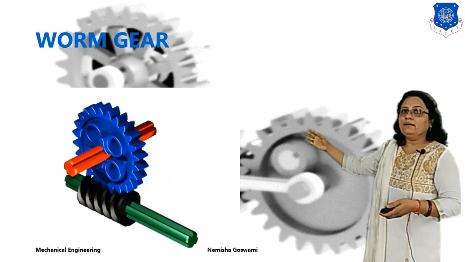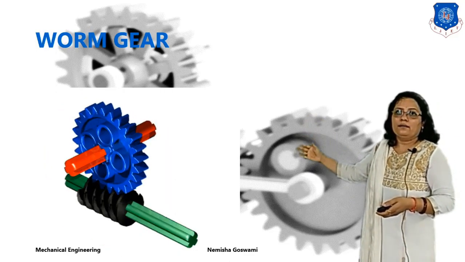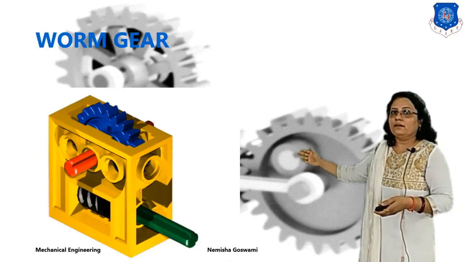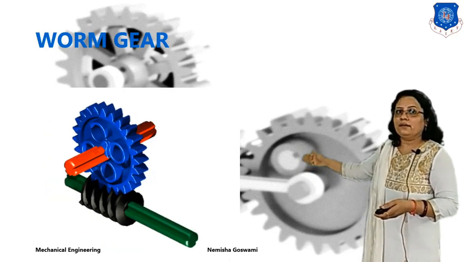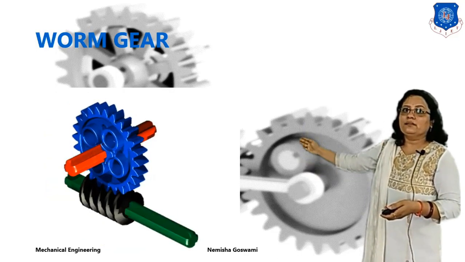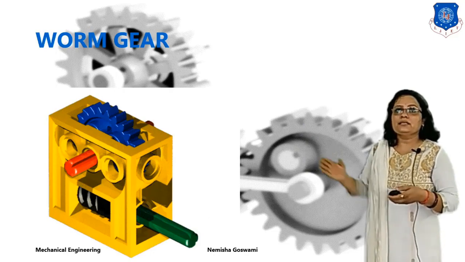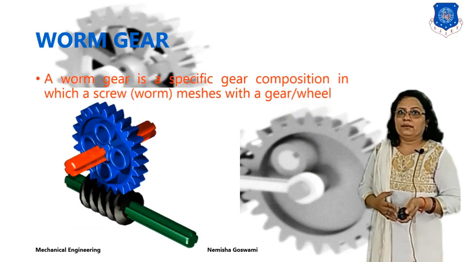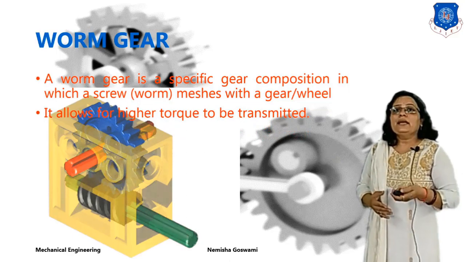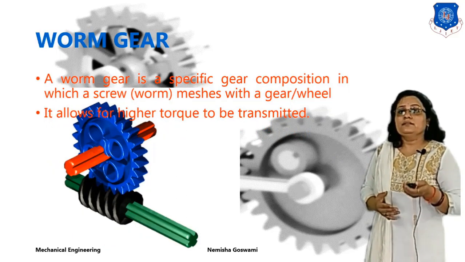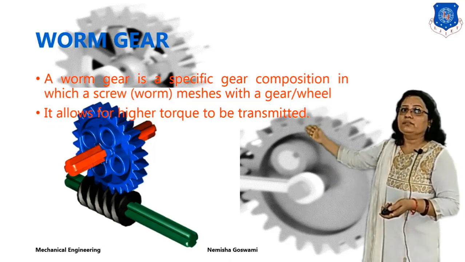So you can see here, this gear is basically having screw-like threads in one and tooth gearing in another. So this is known as your worm gear. Now the design of a worm gear is generally based on your tooth gearing.